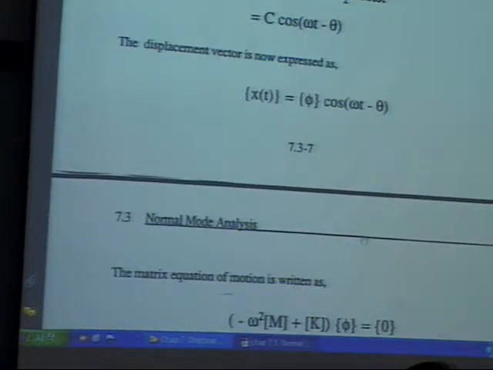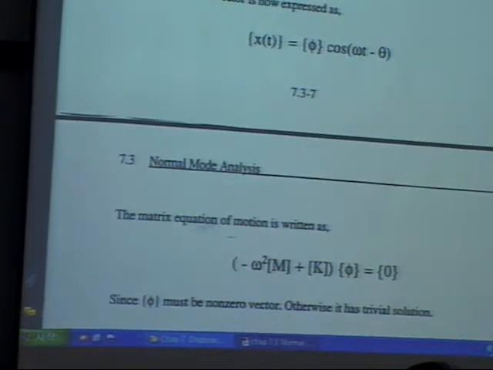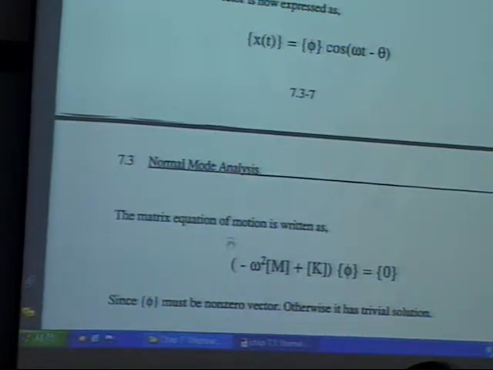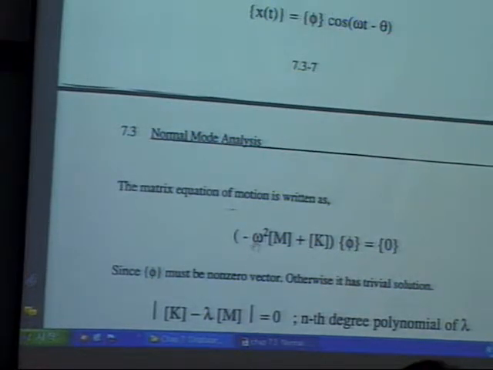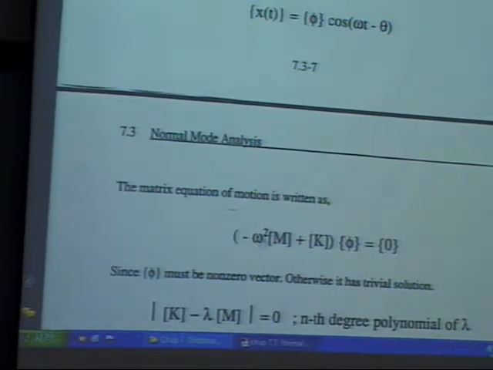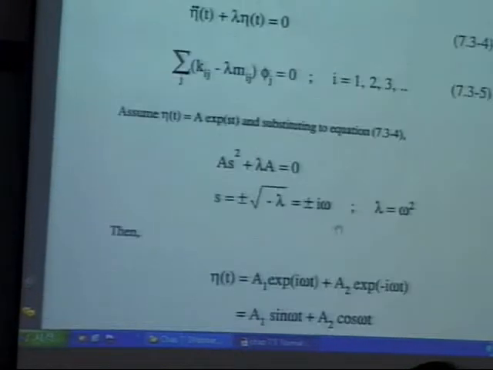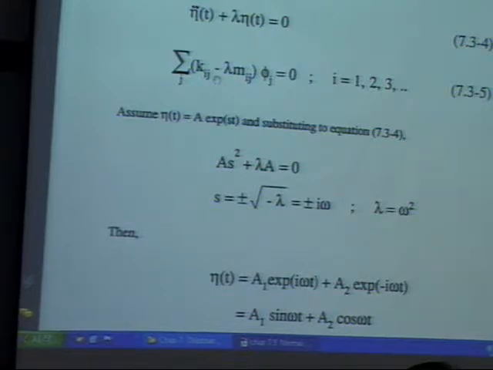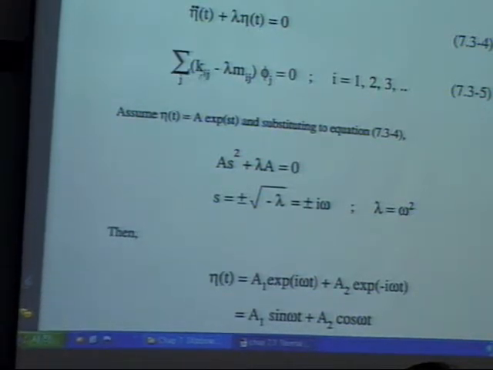This is in the matrix notation for equations of motion. I can rewrite this as minus omega square M plus K times phi, which comes from over here. This is the expanded form.